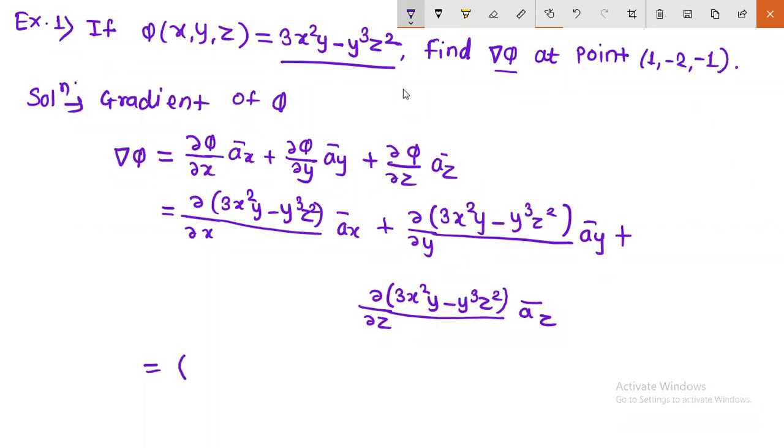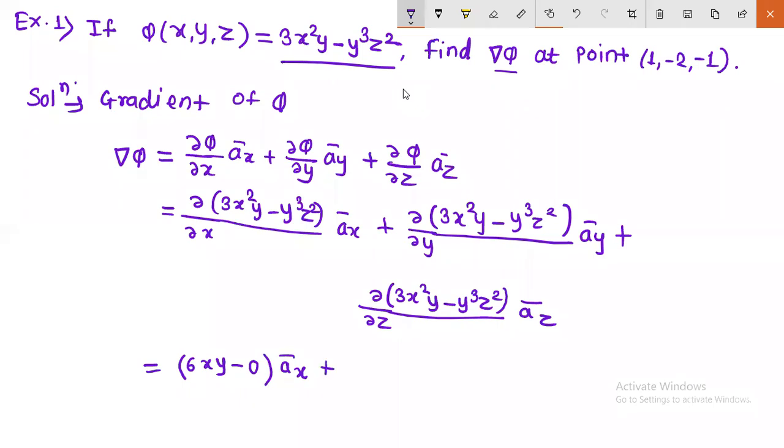Correct. So we differentiate with respect to x, so it will be 3 into 2, so it is 6x. Is it square? No, only 6x. So it is 6xy, minus in this y cube z square no x term is there, so differentiation is 0, into unit vector a bar x.